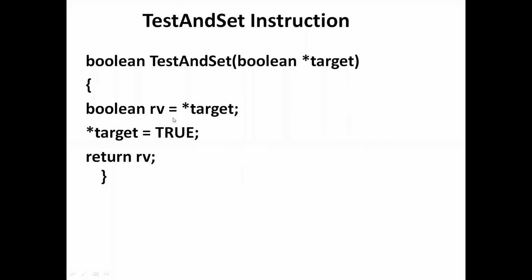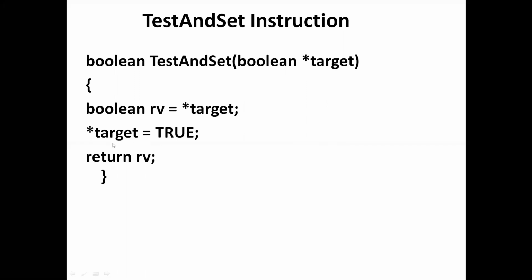Here in the test and set instruction, we have a formal parameter, that is target, and target holds the value which is stored in that address location. The lock's address holds the value false. So false will be passed to the test and set instruction, and that false we are assigning to RV here.